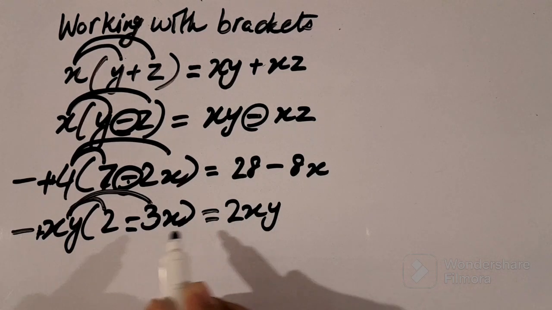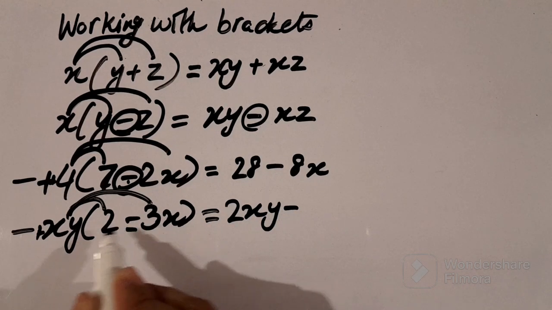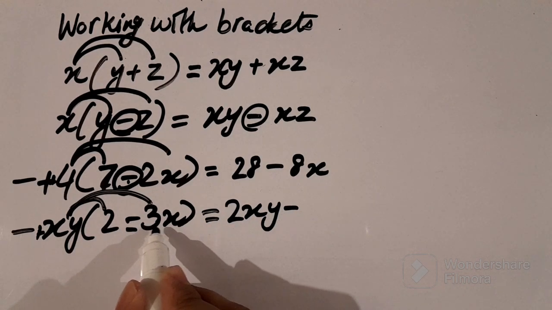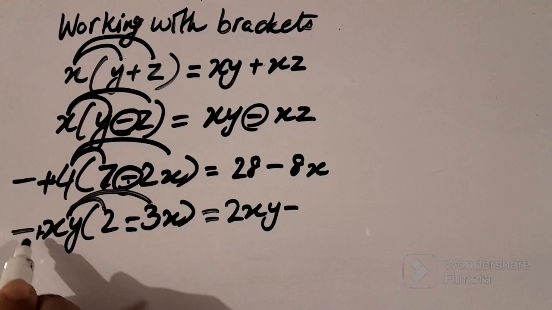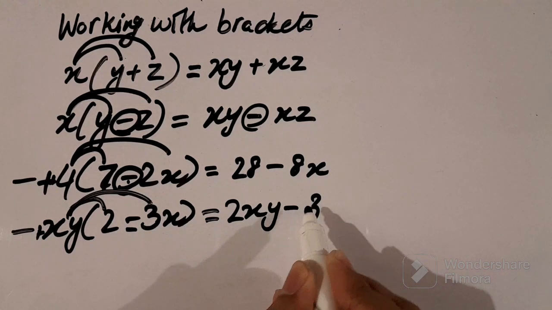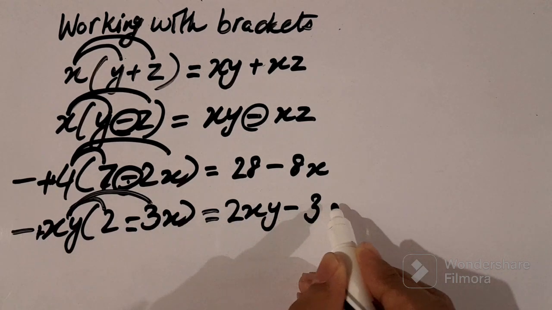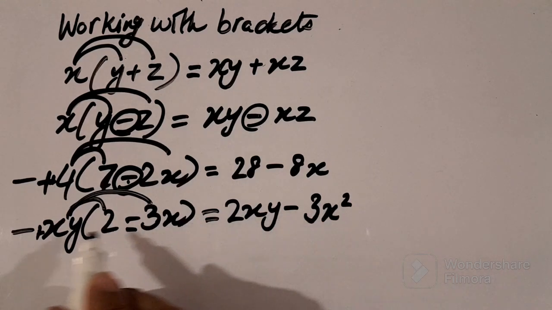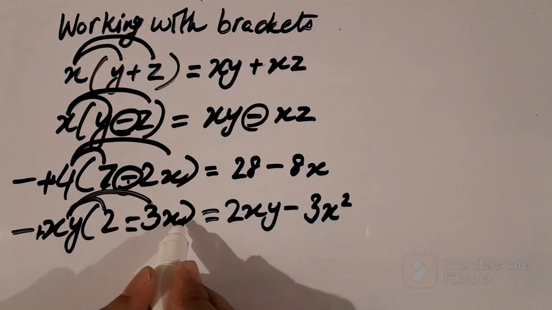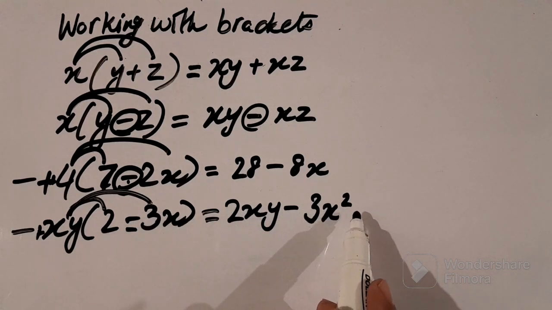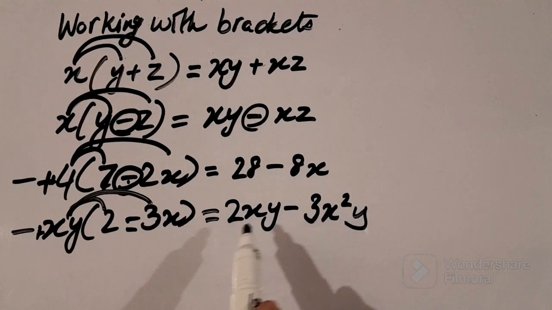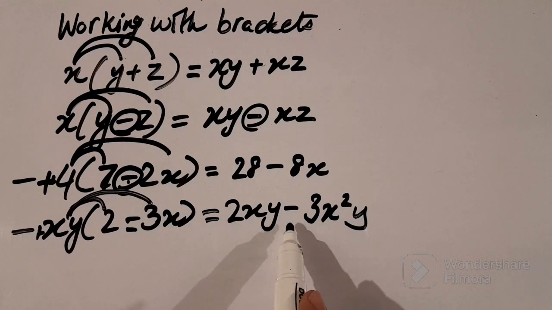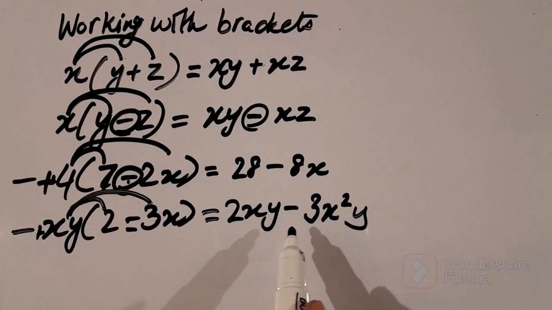So plus and minus will be minus. Now xy multiplied by 3x. So 3 ones are 3, so we will write 3. Then x multiplied by x will be x squared. And y will be the same because there is no y over here. So 3x squared y. So the answer will be 2xy minus 3x squared y. So this is how we will do this equation.